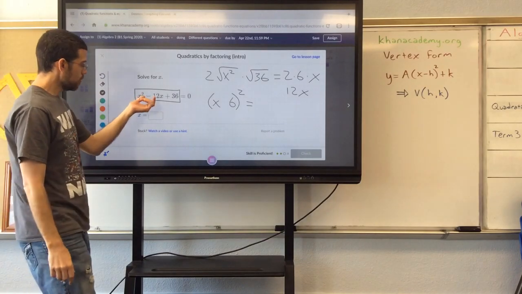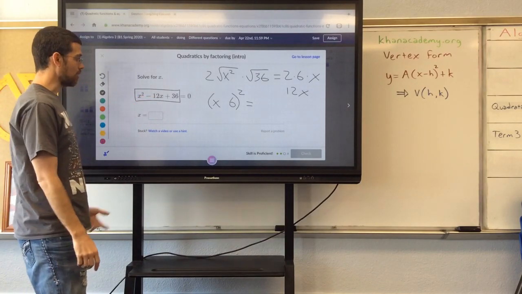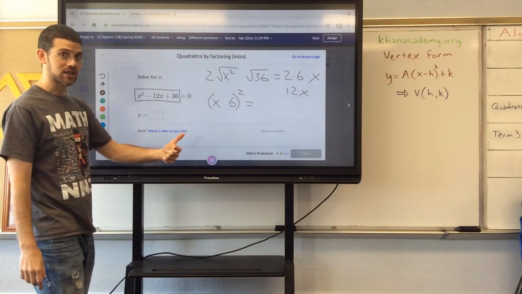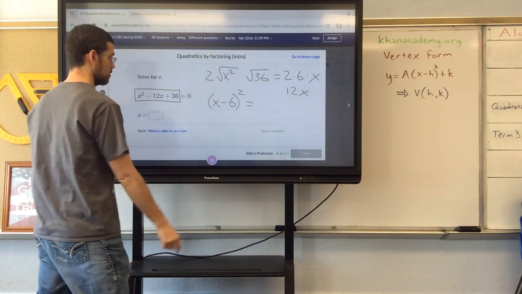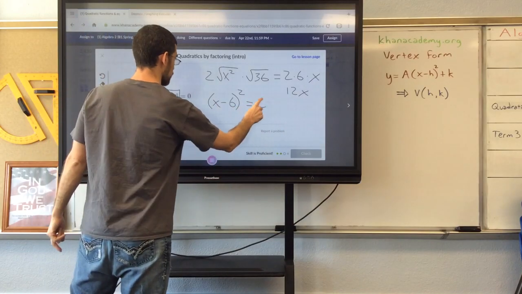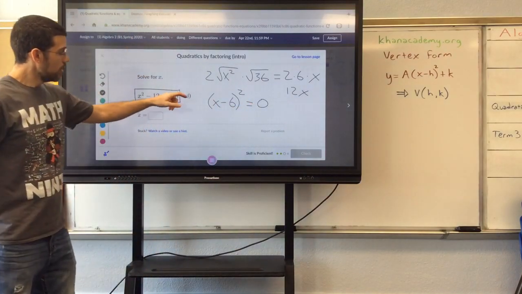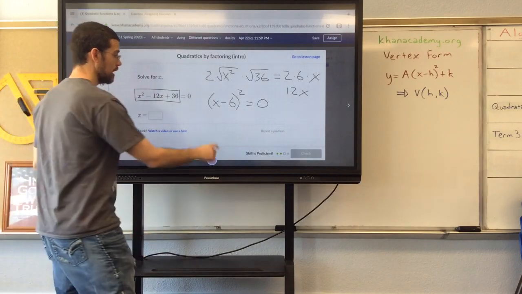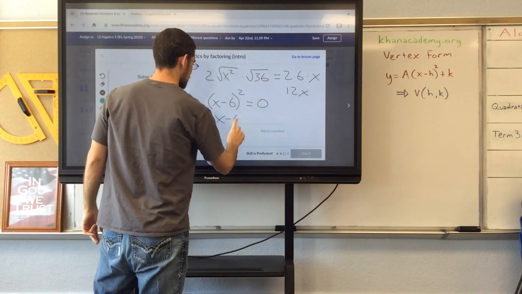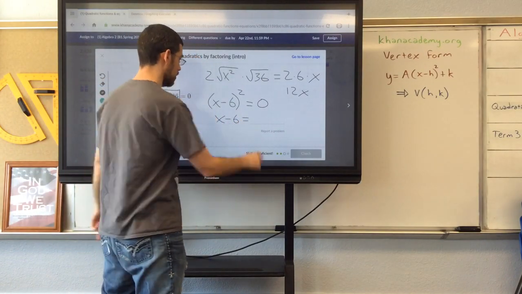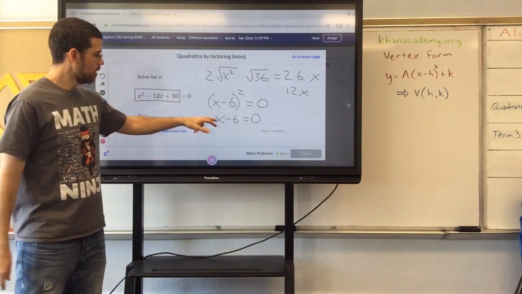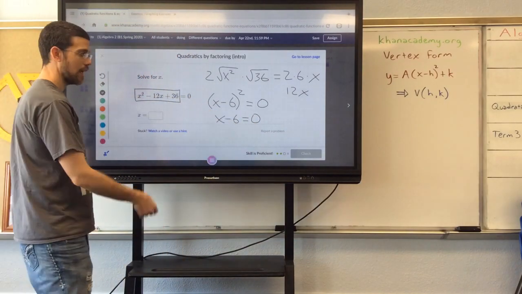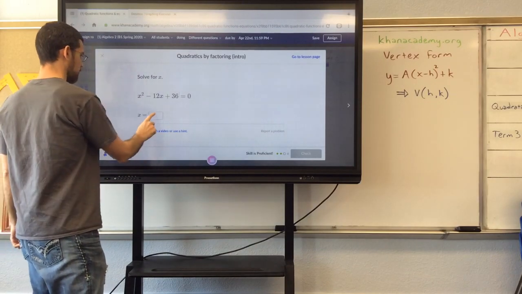Because the middle term is negative, I'm going to have negative 6x and another negative 6x. So that is equal to 0. We can take the square root of both sides and we get x minus 6. The square root of 0 is 0, because 0 squared is 0. x minus 6 equals 0, so x must equal 6.